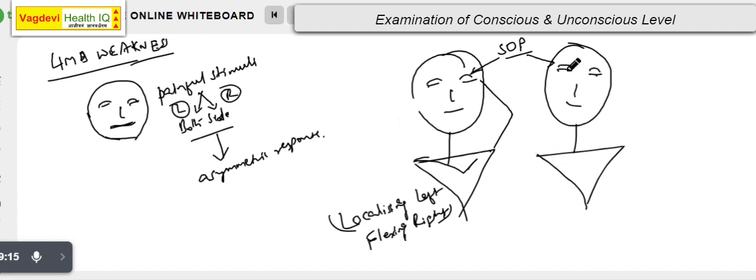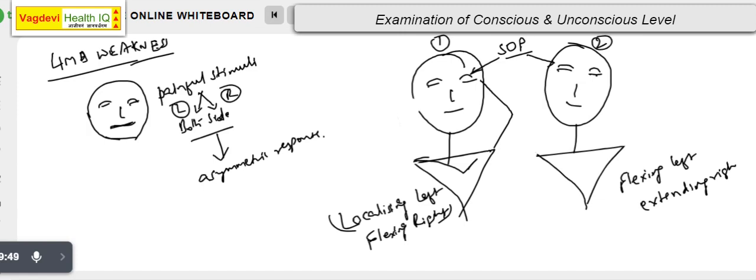For this case, for this patient who is also in the coma, I'm talking about the situation number two. In his case, when the right part was given the supraorbital pain, what is happening here? He is flexing left, and what is he doing? Extending right.